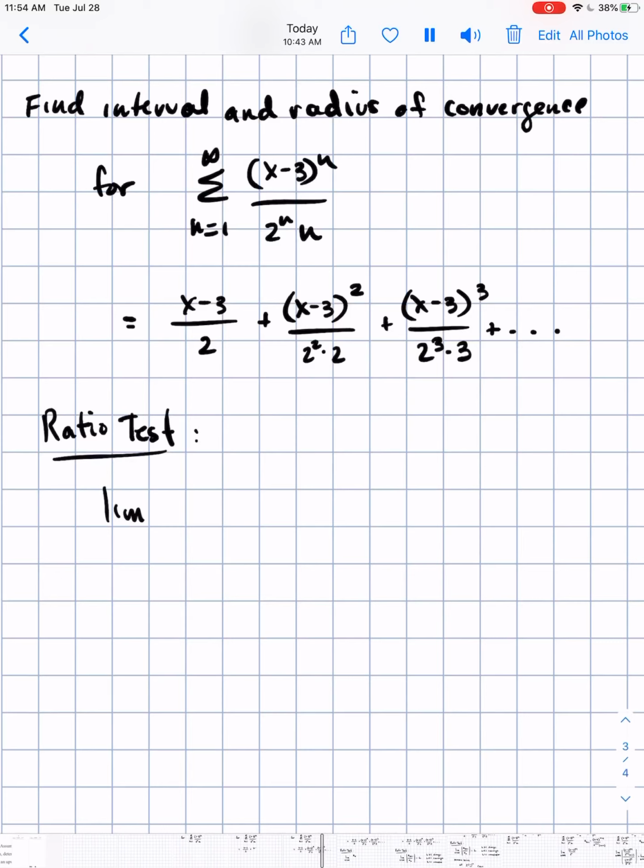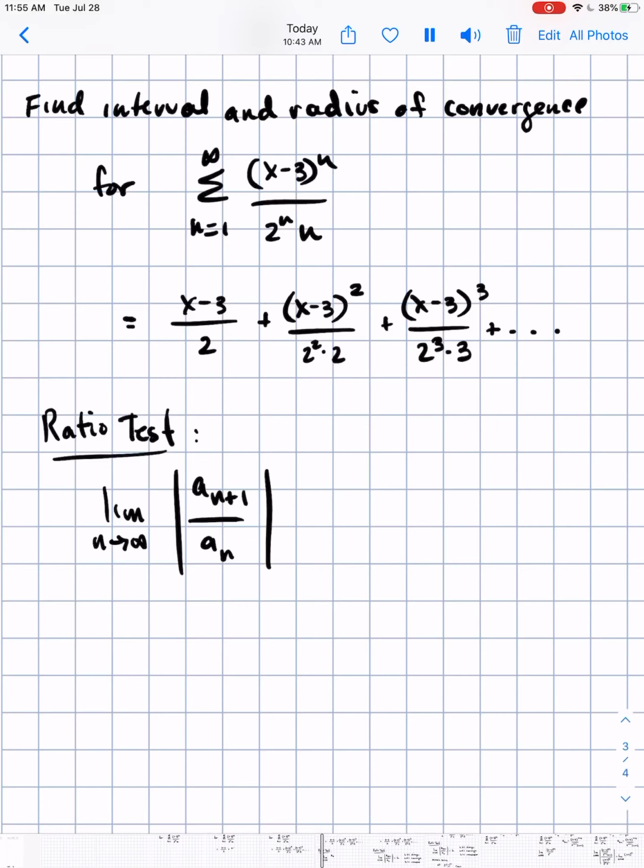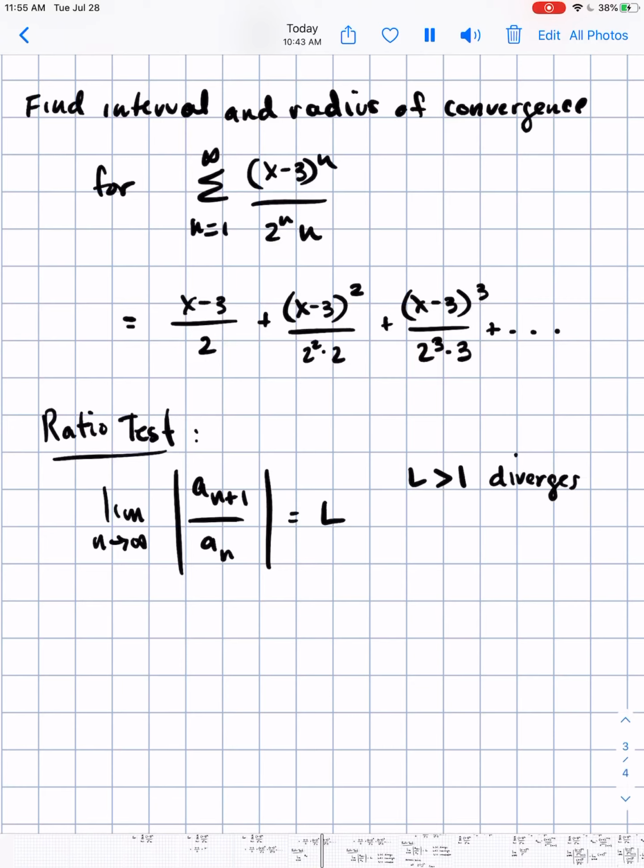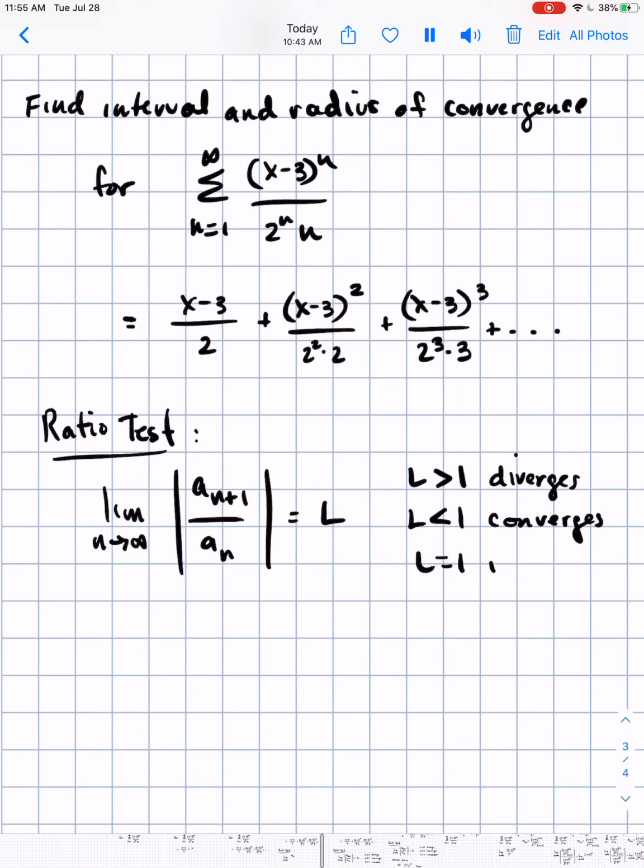You're taking the limit as n goes to infinity of a sub n plus 1 over a sub n, in absolute value. If you see it alternate, you don't really need to be concerned, and that's going to give you some limit. Now, a couple things. If the limit is greater than 1, it diverges. If the limit is less than 1, it converges, and equal to 1, it's inconclusive.